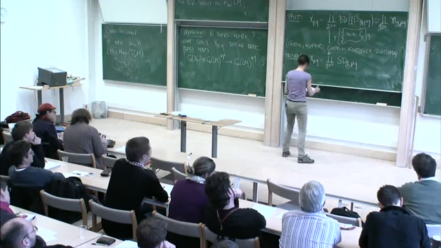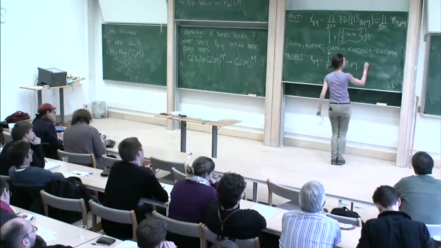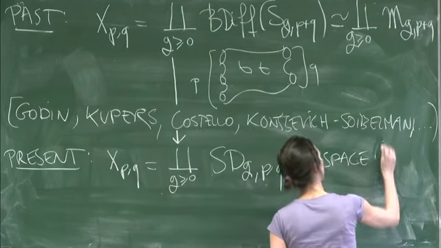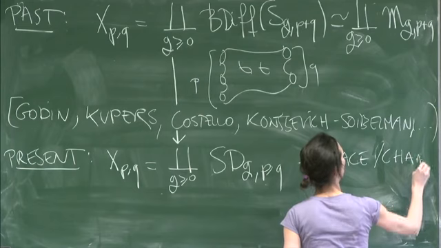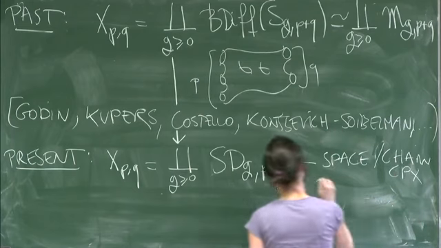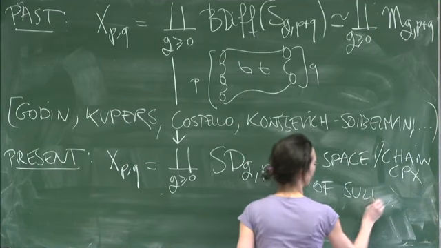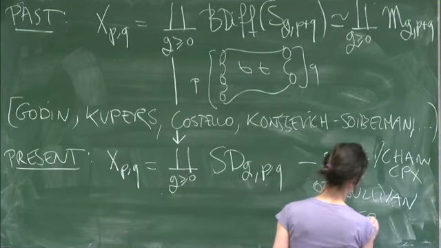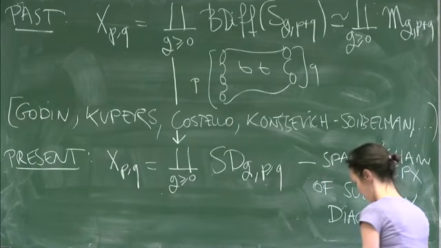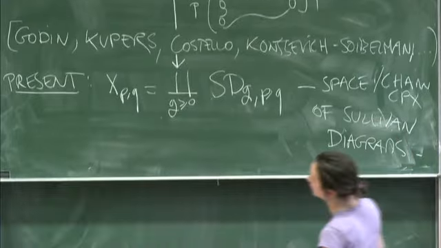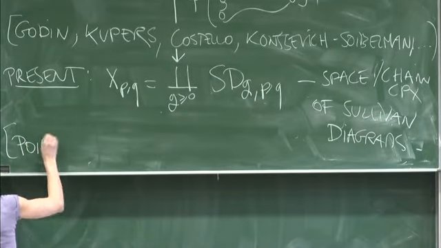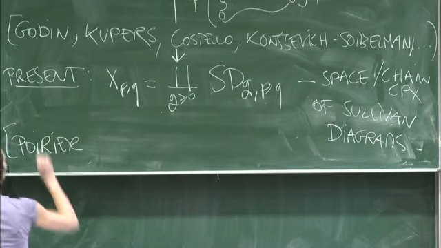So this is a space. In a bit, it'll be a chain complex of Sullivan diagrams. And here I should mention work of Kate Poirier, who's a student of Sullivan.